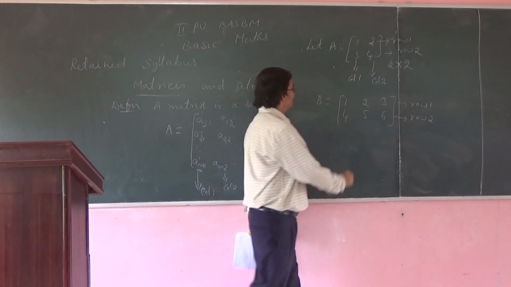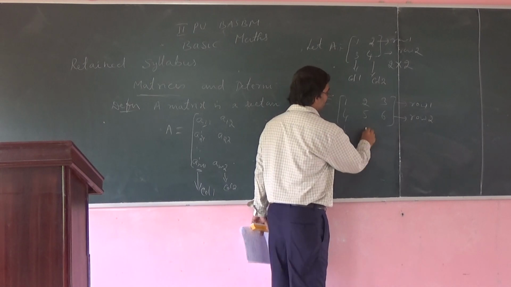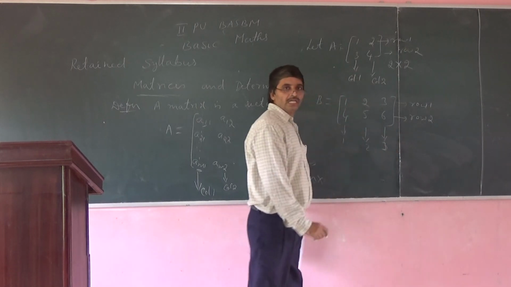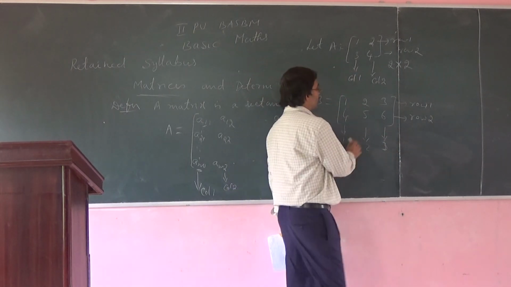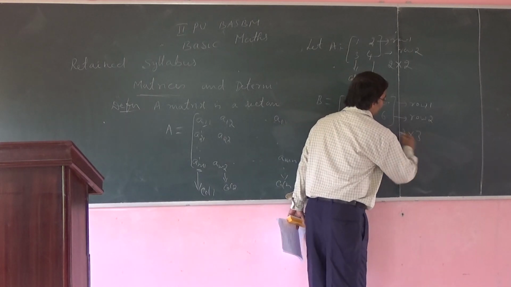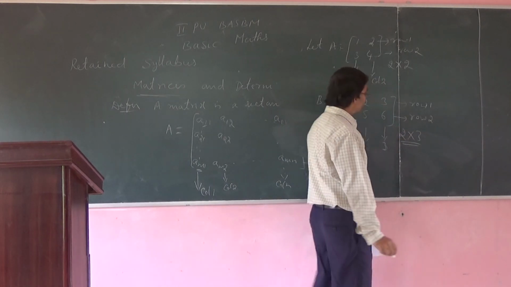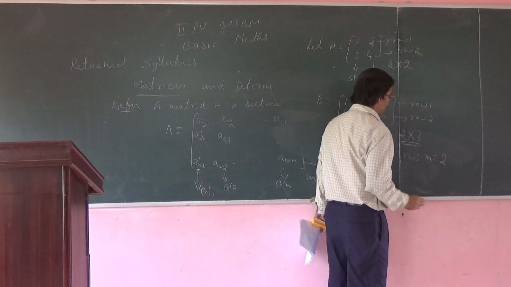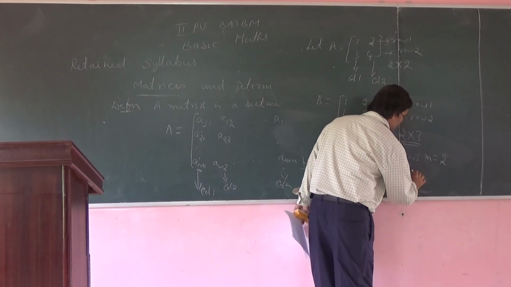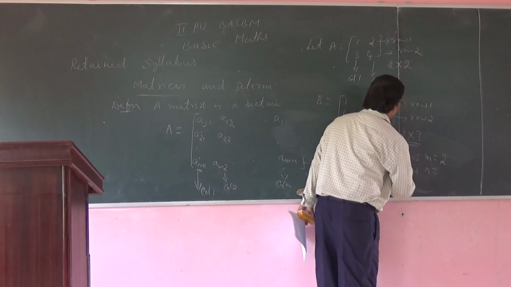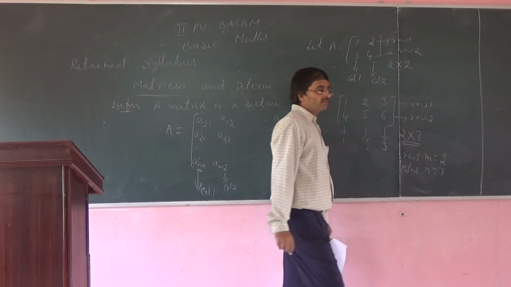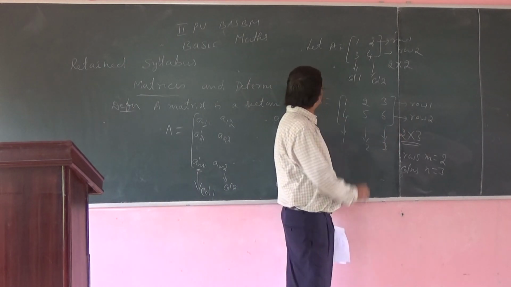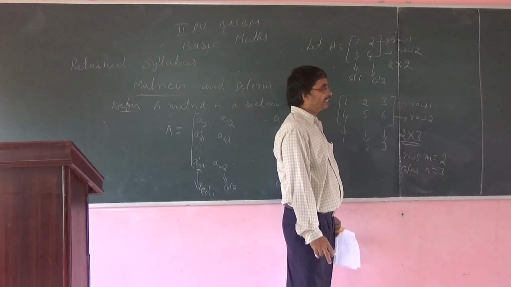There are 3 columns. So there are 2 rows and 3 columns, so this is a 2 by 3 matrix, where the number of rows m equals 2 and the number of columns n equals 3. We say that the matrix B is of order 2 cross 3 or 2 by 3.